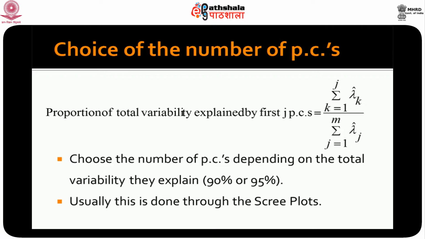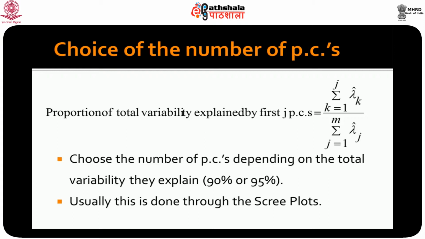So the first k principal components will explain lambda 1 hat plus lambda 2 hat, etc., up to lambda k hat, out of the total of lambda 1 hat to lambda m hat. Obviously k is less than or equal to m. And as before, we would be choosing the number of principal components based on how much of the proportion is explained by the first k of the principal components.